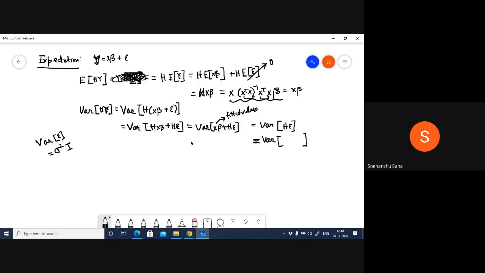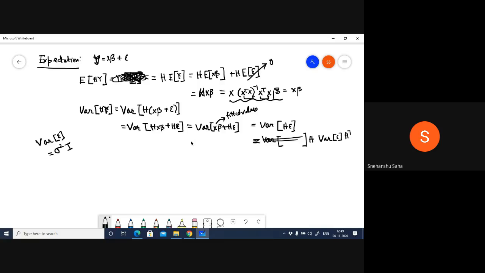Yes, but before doing that, we should do something else, because if H moves out, it would get squared. And H squared can be written as H transpose, right?